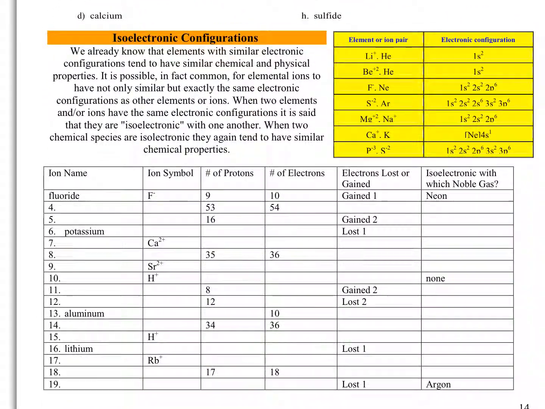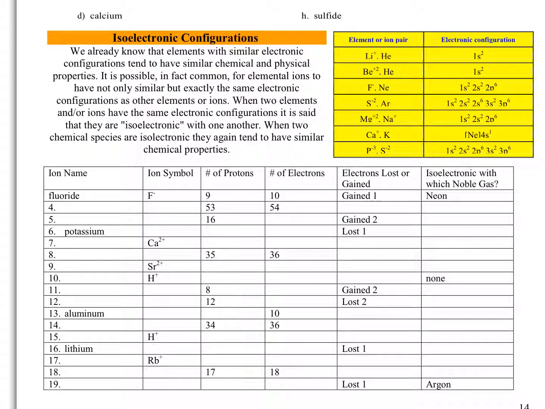Now, because our electron configurations change when they're an ion, we end up with what's called isoelectronic configurations. We already know that elements with similar electronic configurations tend to have similar chemical and physical properties, right? If they have the same number of valence electrons, they're very similar. They're in the same family.